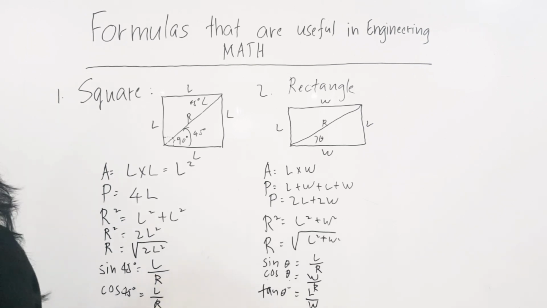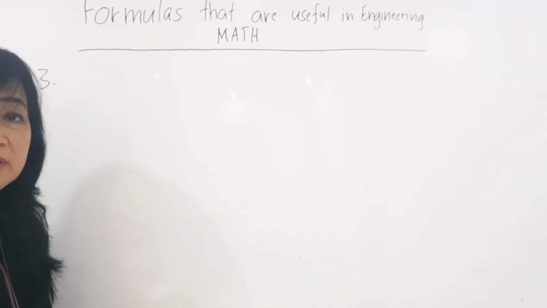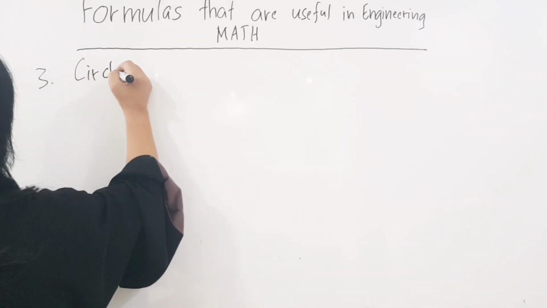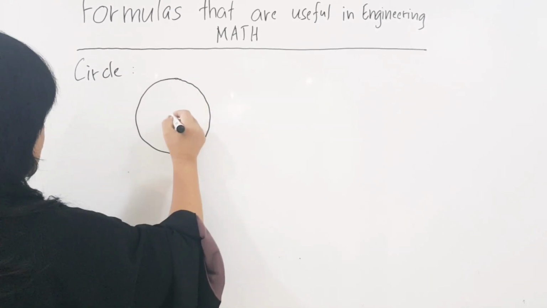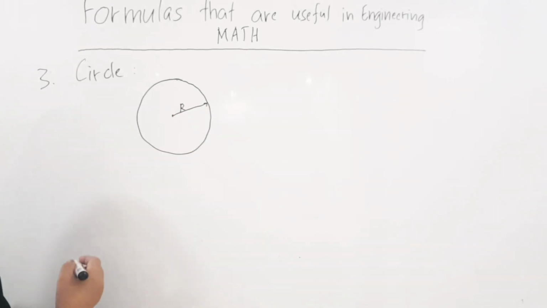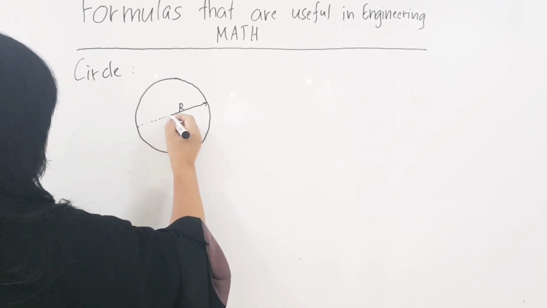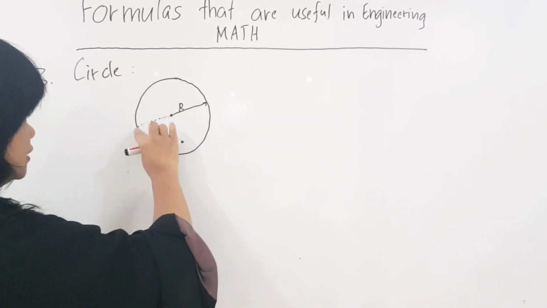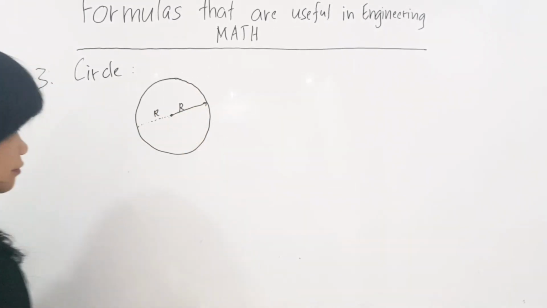And it's useful for engineering problem solving. Another shape where we can find some formulas is the circle. If this is the circle, this is the center, and this is the radius, then the total of this one plus this one is equal to the radius.